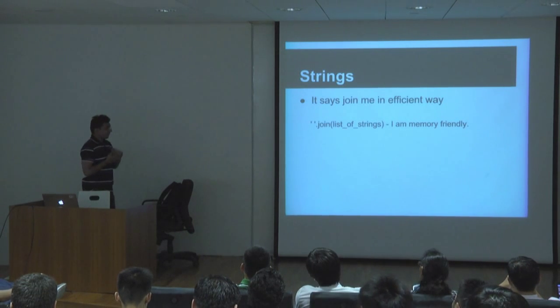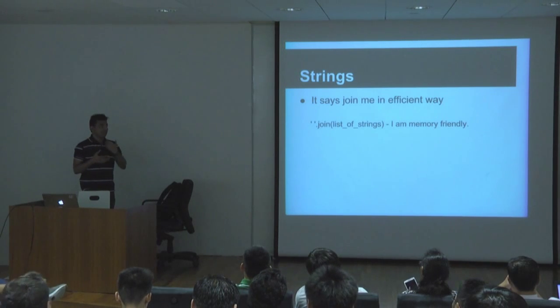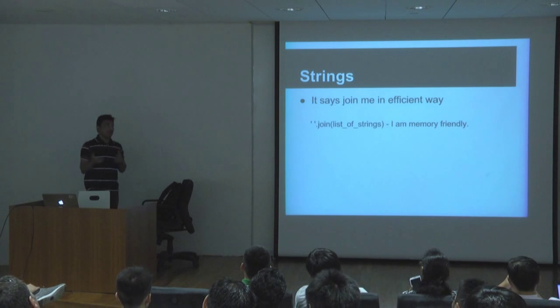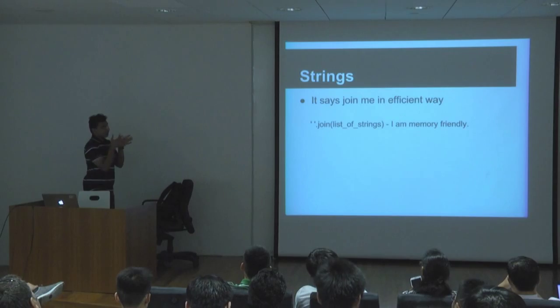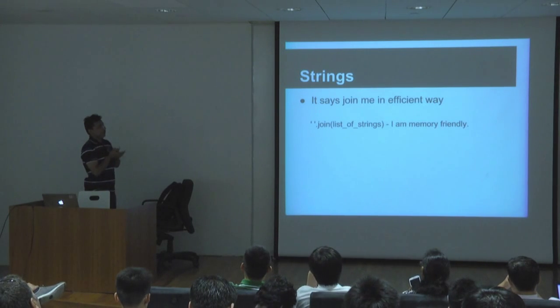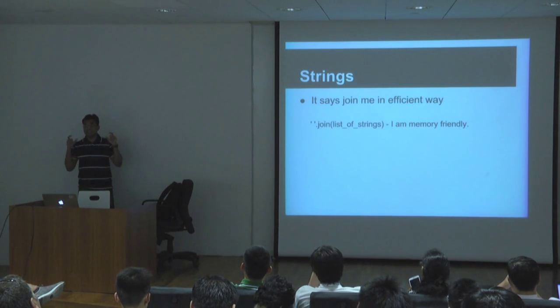So rather than using A is equal to B plus C, where A, B, C are strings, if you already have the list of strings in your hand, then you can better use join, which counts the length of the list.